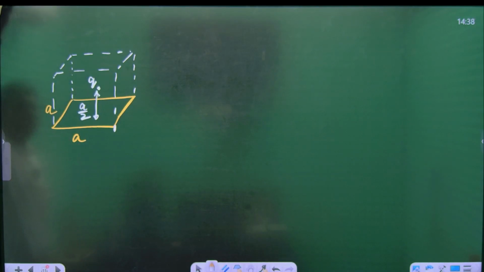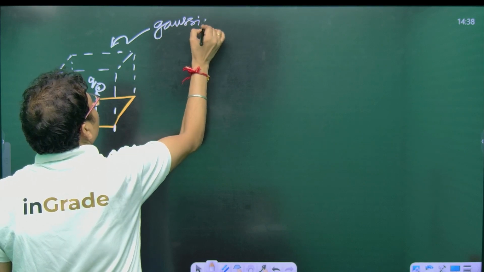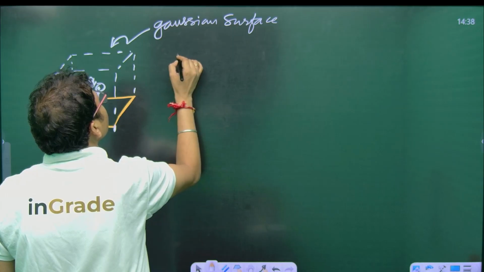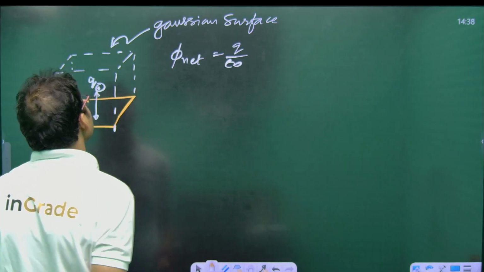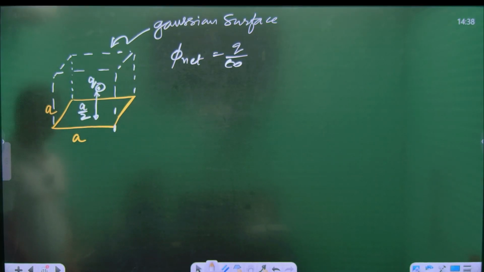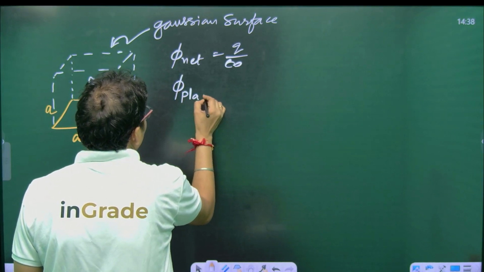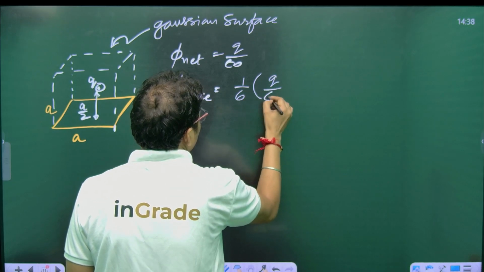We need 5 more square plates so that the charge comes at the center of the cube. It will become a cube. So this is our Gaussian surface. And if we apply Gauss theorem, then we can say that phi net will be equal to q upon epsilon naught. And from each plate, there are 6 plates, so 1/6 of q by epsilon naught will be the answer.